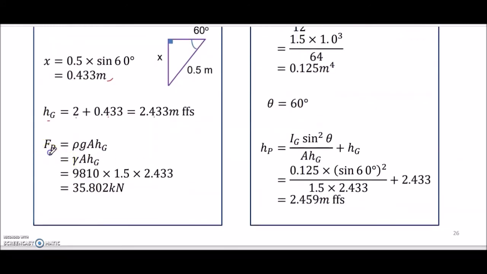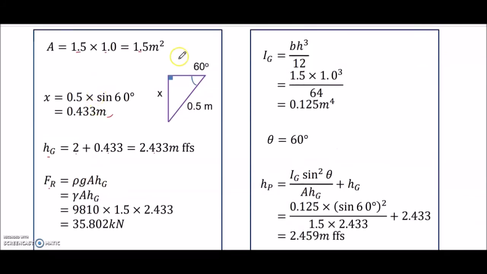So the resultant force is equal to rho g A times Hg. Rho of water is 1000, gravity is 9.81, times the area calculated 1.5, and Hg is 2.433, so you get 35.802 kilonewton.